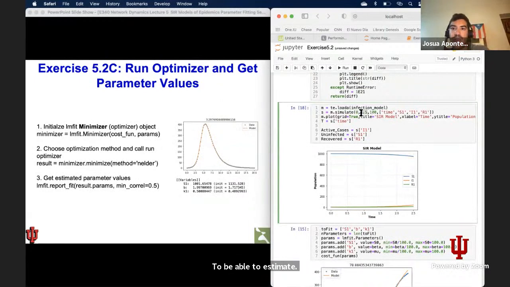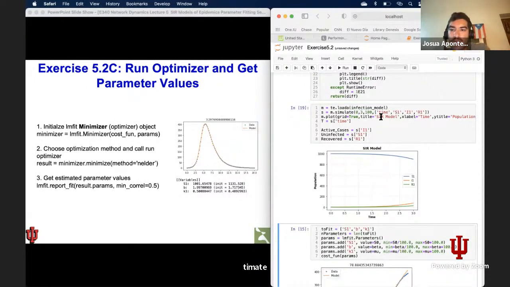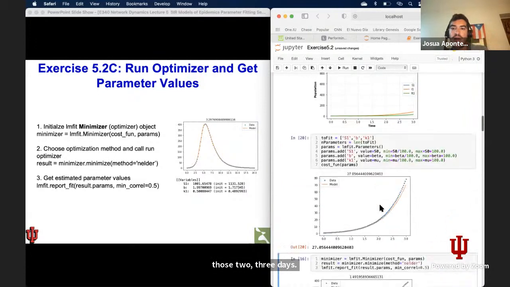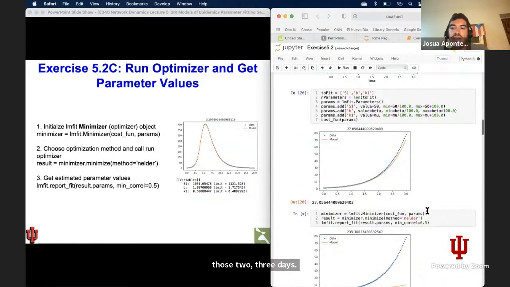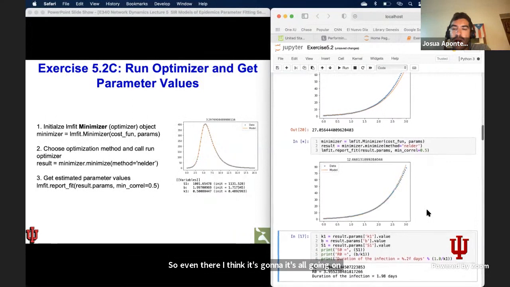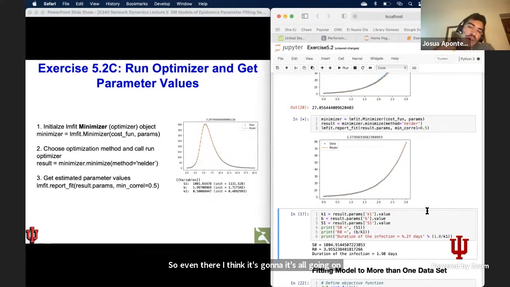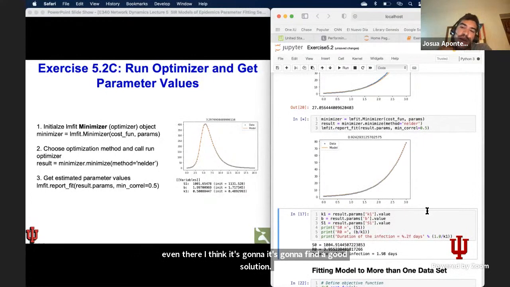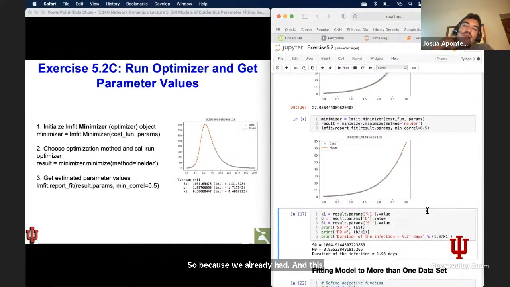Let's do 3 to 8. Yeah. So even there, I think it's still going to find a good solution, because we already have a good estimate of what mu is.